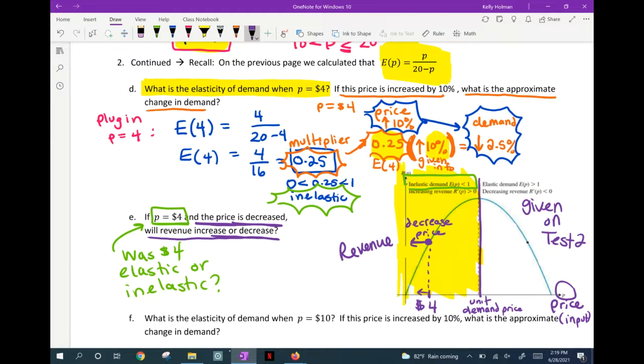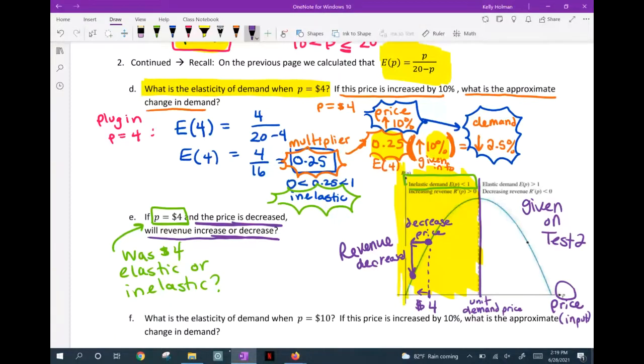Well, remember this curve right here, this is showing all the revenue values. So if I decrease the price, I have to go down to hit the revenue curve. So my revenue also decreased. If I decrease the price, my revenue is going to decrease in this case.